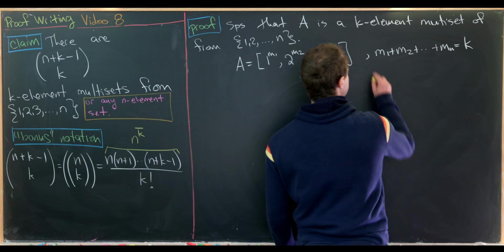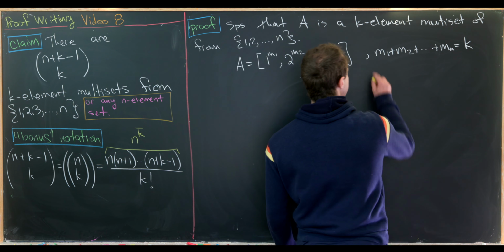But what is that really doing? Well, how many total entries are there in this multiset? Since xi equals mi is the solution, there are m1 plus m2 plus up to mn total elements in this multiset, but that's equal to k. Again, that's because this is a solution to that equation. So what are we doing here? Well, we're finding multisets with k elements from n total elements.